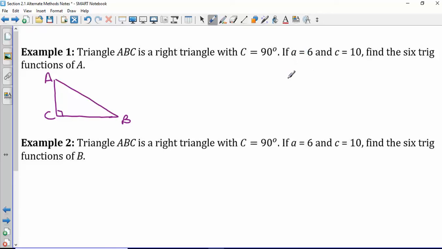Okay, this is where people make a mistake on these problems, is labeling your side information. So when I say side A is 6, that's across from angle A. Side C is 10, so that's the hypotenuse. Find the 6 trig functions of angle A.